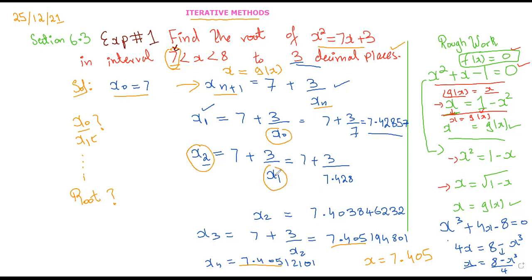So you can see that in every x, n plus 1, the previous xn is being used. Since you have x0, you will have x1. Since you have x1, you will have x2, and so on. And you have to stop where you see that your number is not changing till a particular number of decimal places that would be given in your question. Is this clear? Yes. 100%?